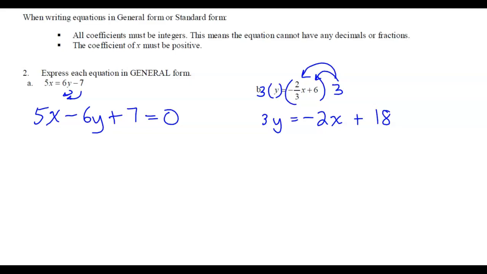I need to get everything on one side, and I need the x term to be positive. Works out well in this case, because if I bring negative 2x to the left, it becomes positive. So that's what I'm going to do. So when I bring negative 2x to the left, it becomes positive 2x. Then I just copy out the 3y with a plus in front because it's positive 3y. And then when I bring the 18 to the left, it's minus.